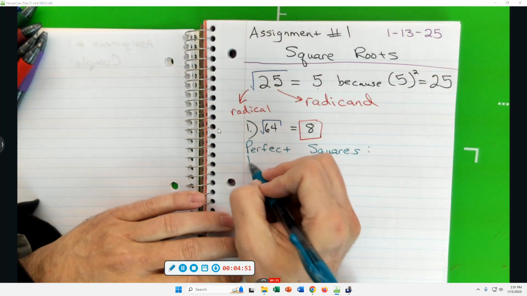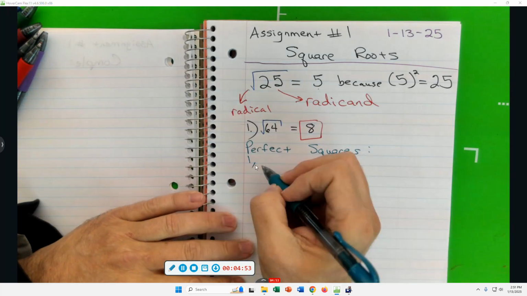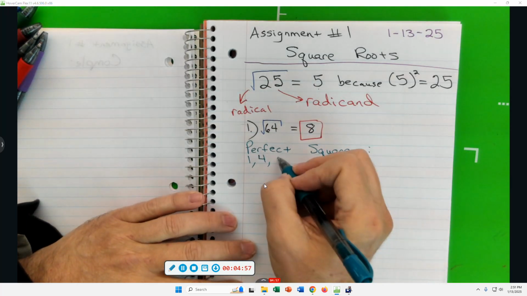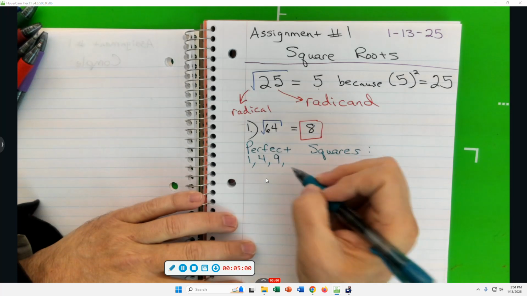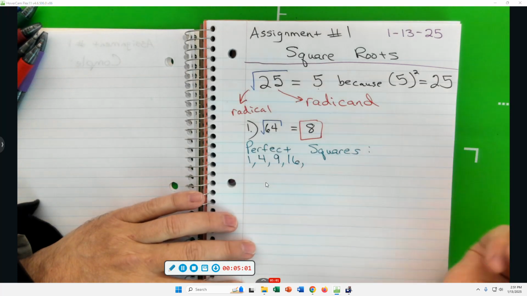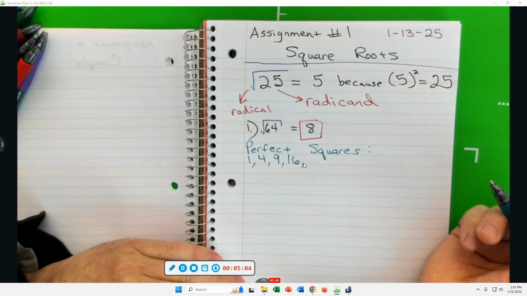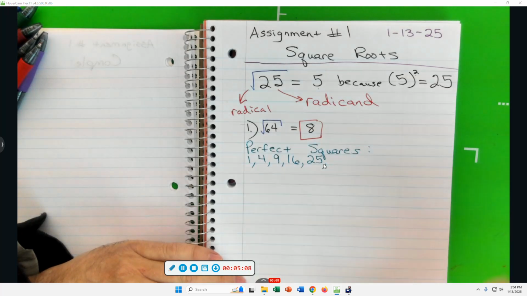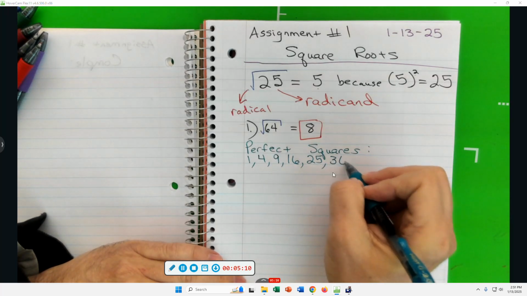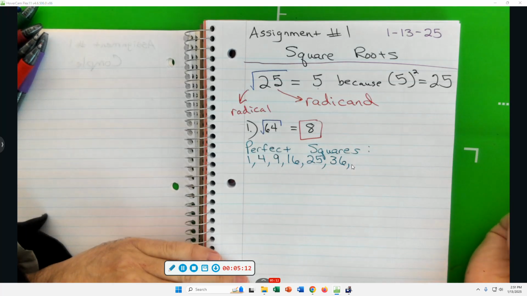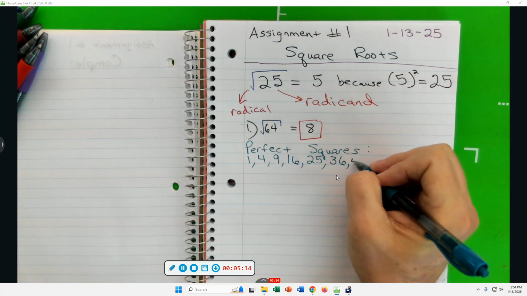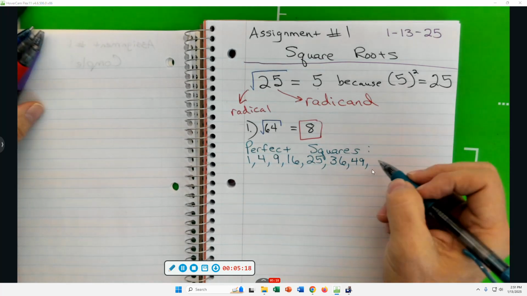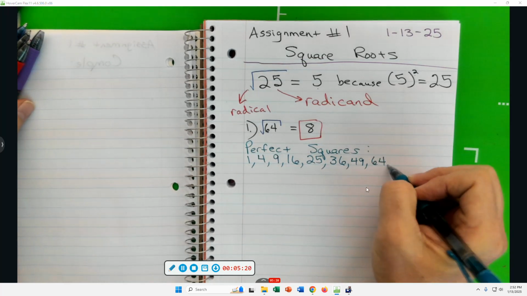I guess I'll write it down. 2 squared is 4. 3 squared is 9. 4 squared is 16. What's the next perfect square? 25, 5 squared. And after that, 36, 6 times 6. And 49, 7 times 7 is 49. After 49, 64, 8 squared is 64.